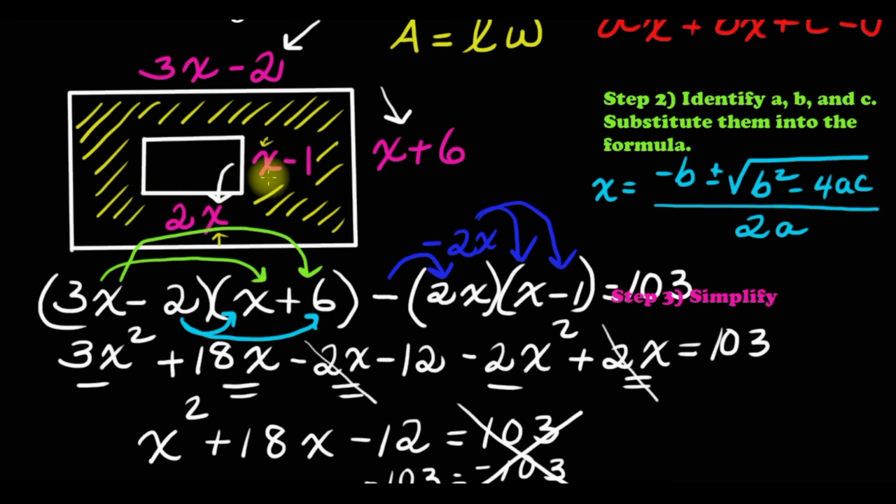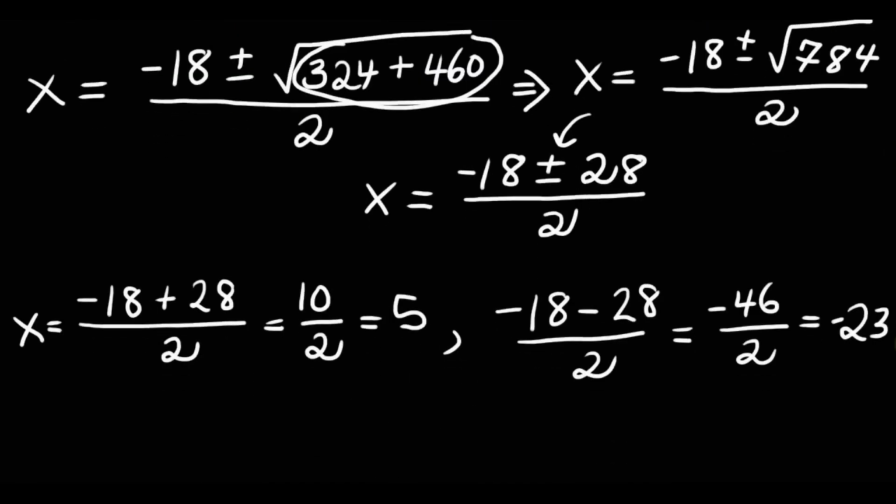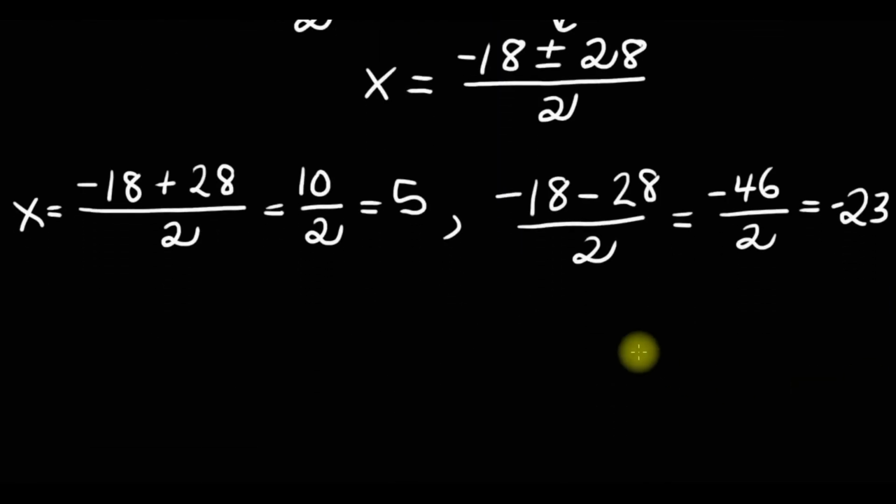And then you plug the x in here, x take away 1 to get the width. So we have to know what x is in order to get that dimension. Of the 2 solutions, we found x to be 5, or x is negative 23.